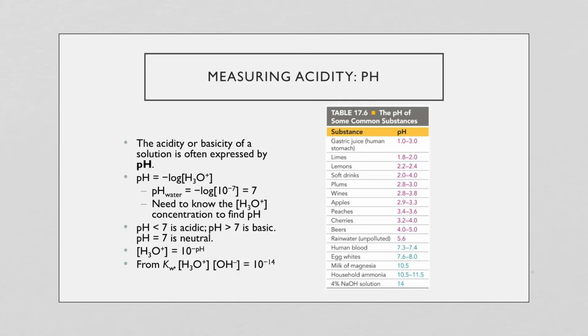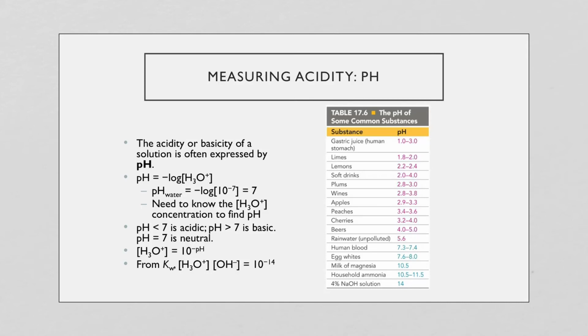Everything is 10 to the minus 7, minus 8, minus 10, minus 5, all these really tiny numbers. But we needed everybody, or at least people in all sorts of different walks of life, to understand whether something was acidic or basic in terms of using it, safety, these kinds of things.